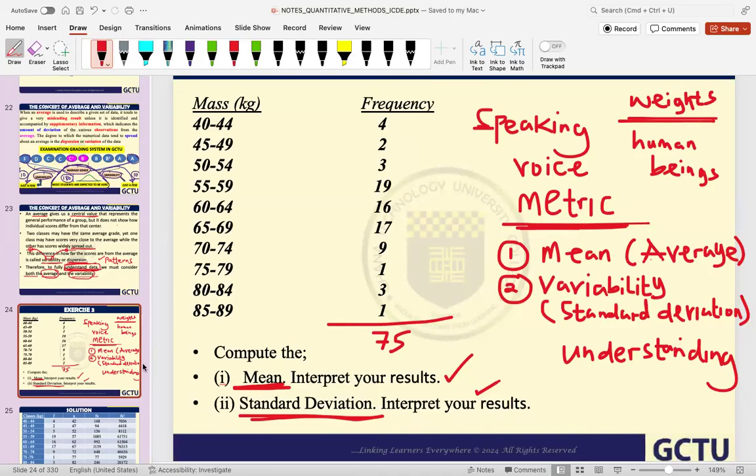Again, because I haven't taught you before, if I'm not mistaken, the names are not familiar. I want to show you some formulas that we use in finding the mean and the standard deviation.